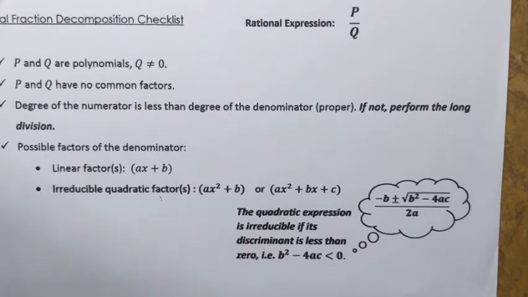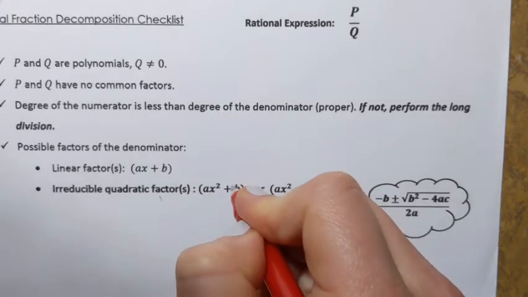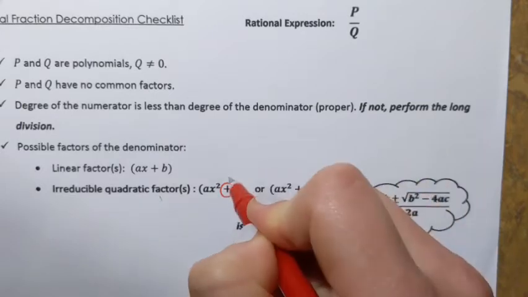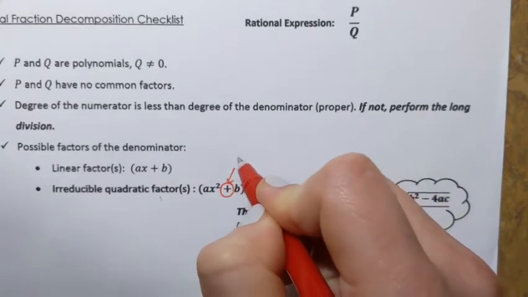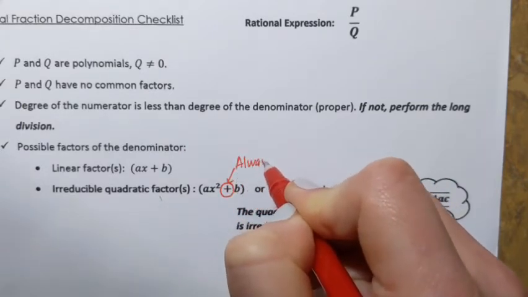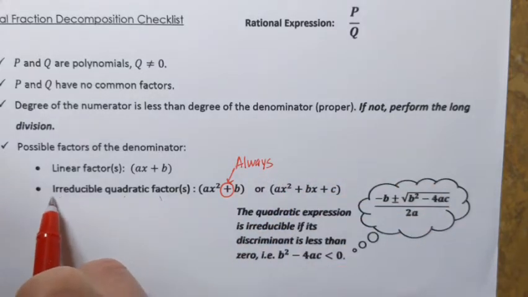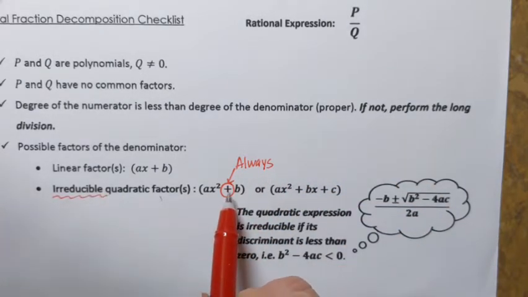What does irreducible mean? It means that you cannot factor it any further. You cannot split it up as the product of two linear factors. It's going to be irreducible only if it's with a plus sign.